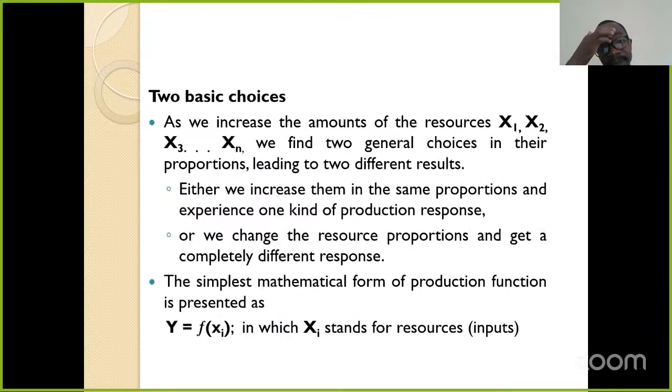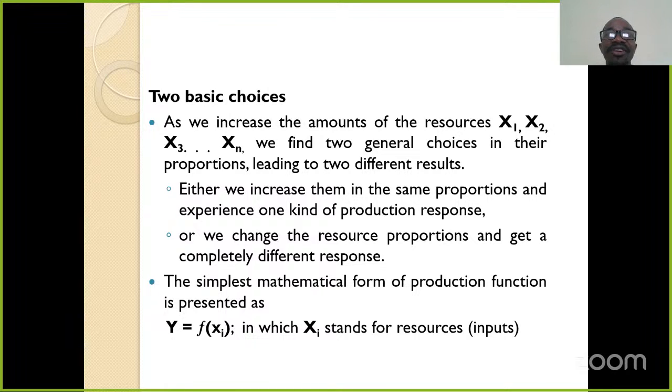All right. There are two basic choices that one makes when producing. Either one can increase the inputs in the same proportion and see what will happen to the output, or you can choose to change the proportions.